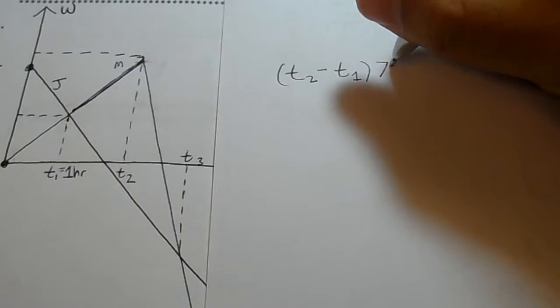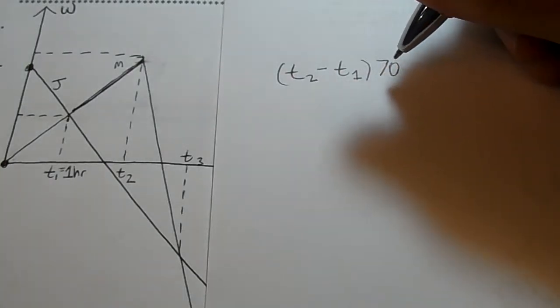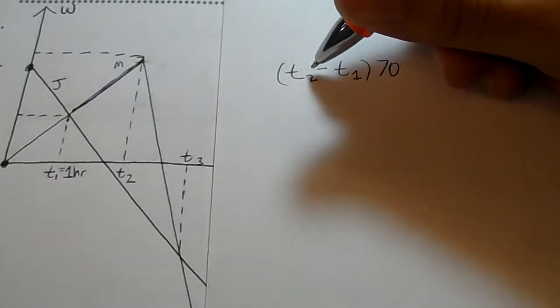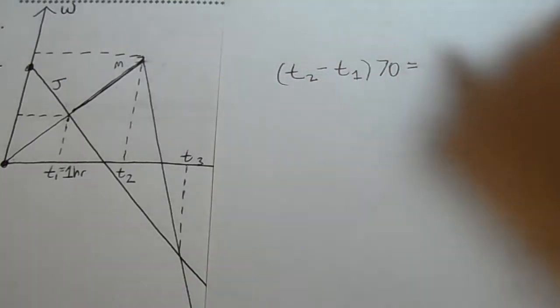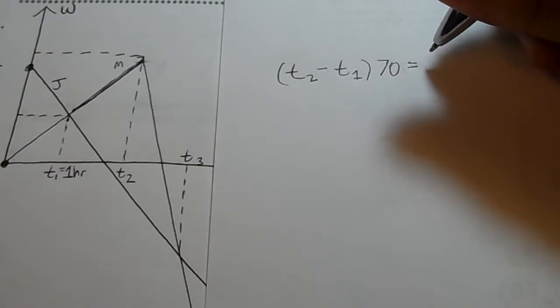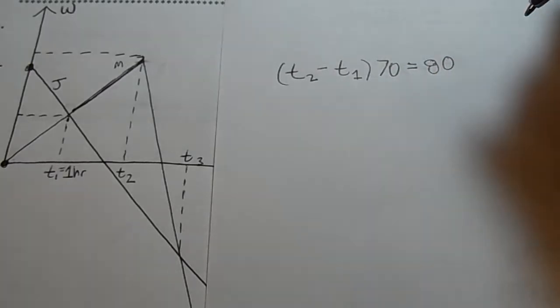Meg is traveling at 70 miles an hour, and in the extra time after the original 1 hour that she continues traveling, she accomplishes an 80-mile distance. Okay, that's what the question tells us.